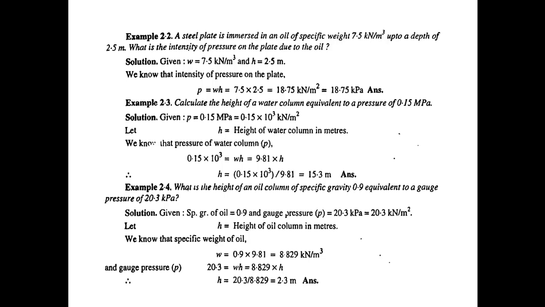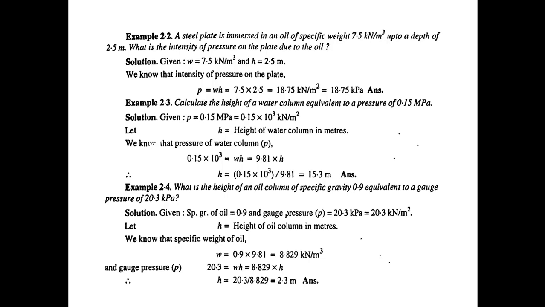Example 2.2. A steel plate is immersed in an oil of specific weight 7.5 kilonewton per cubic meter up to a depth of 2.5 meter. What is the intensity of pressure on the plate due to the oil?